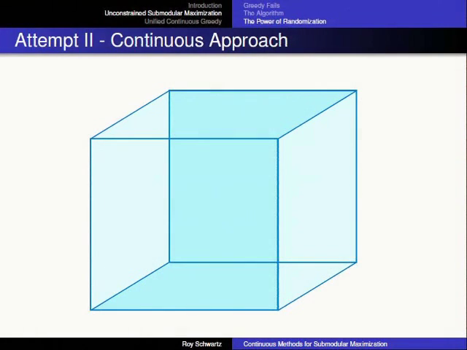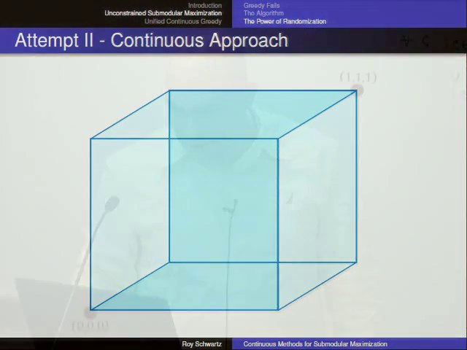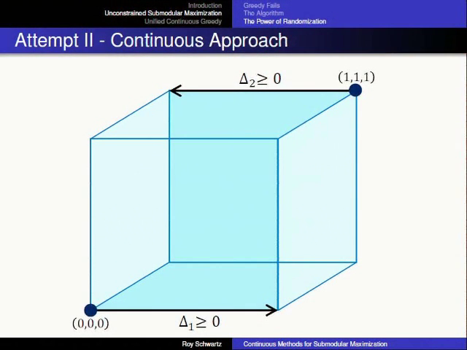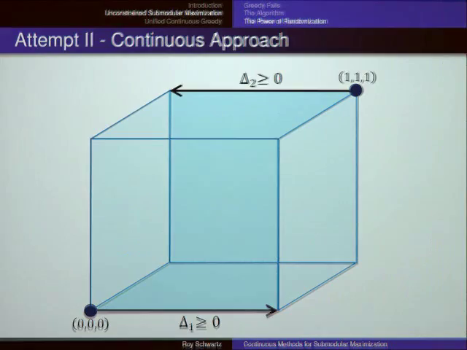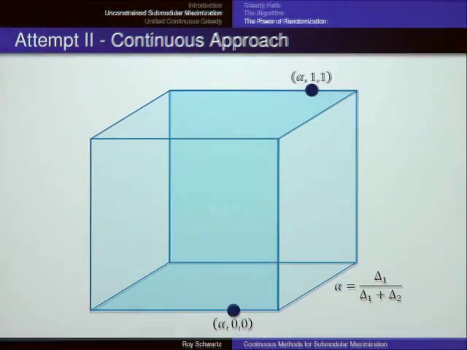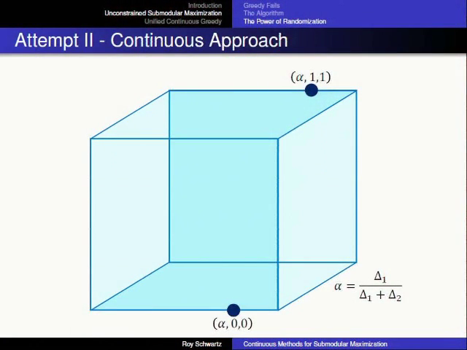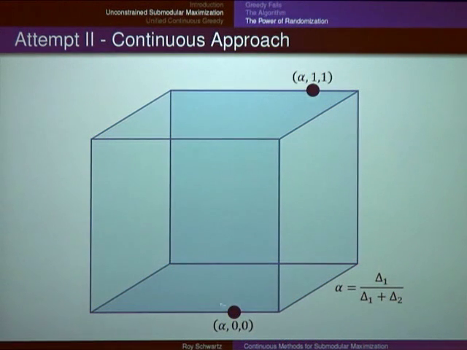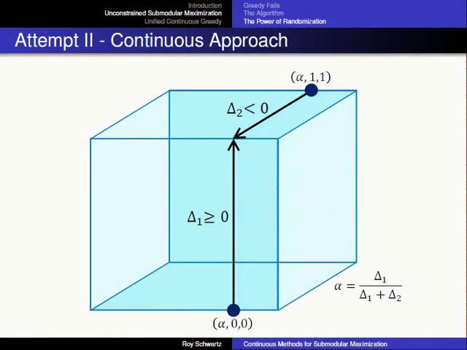And what is the continuous counterpart? I'll just show it with a picture. Again, we start with these 2 points, and we look at the change. But let's say this time both are beneficial. So instead of choosing randomly, we'll just go to some point in the middle that depends on the proportion, or what actually determines the probability. So we get here and there. And now we look at the change by moving from here to here.